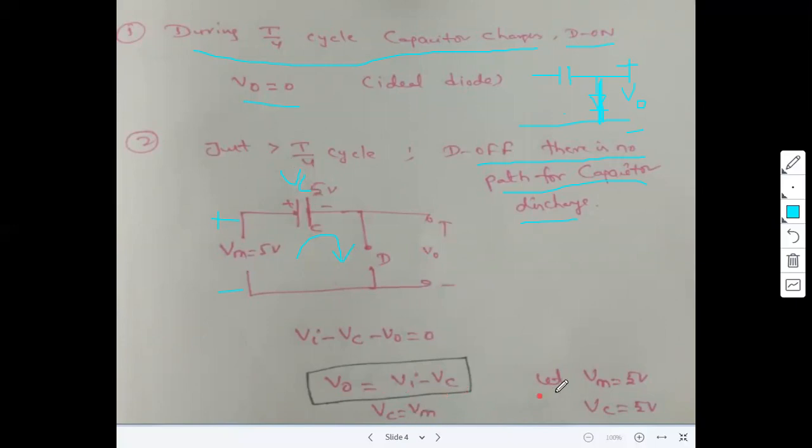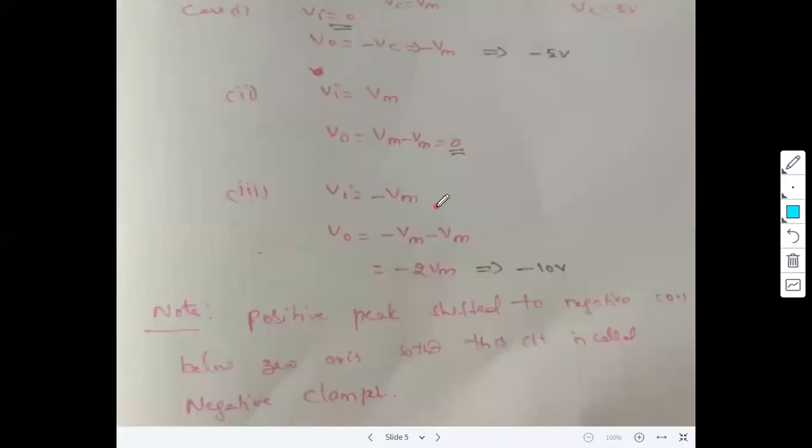If the maximum input is 5 volts, then the voltage across the capacitor is also 5 volts, so Vc is equal to Vm. This is the output expression, and it is valid just greater than T by 4. Remember, V naught is equal to Vi minus Vc.